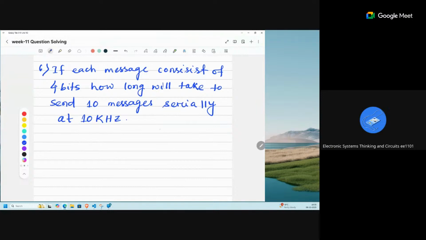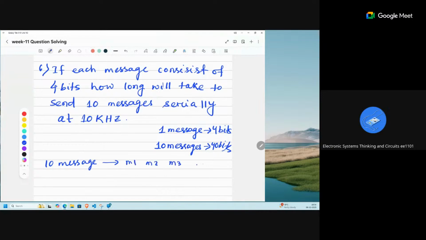You have one message, and that one message consists of 4 bits. Now you have 10 messages. That means 40 bits. You have to send the 10 messages serially, one by one: M1, M2, M3, like this to M10.